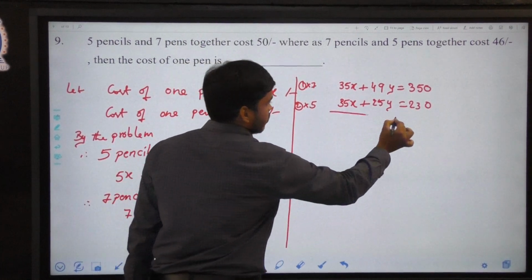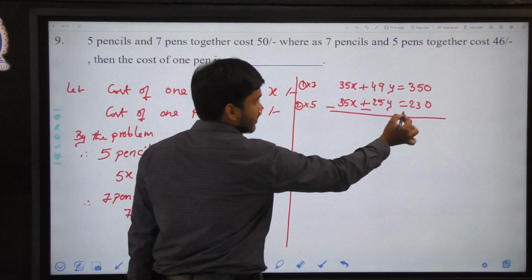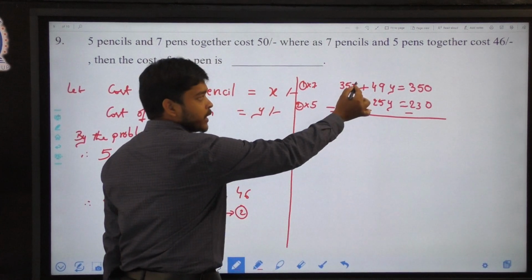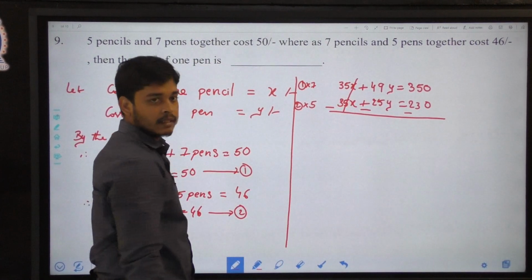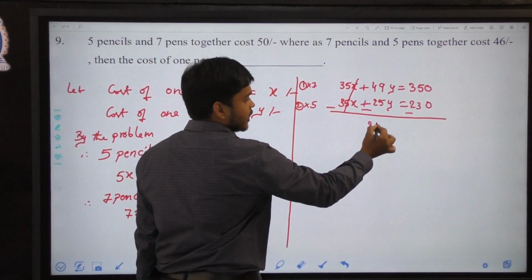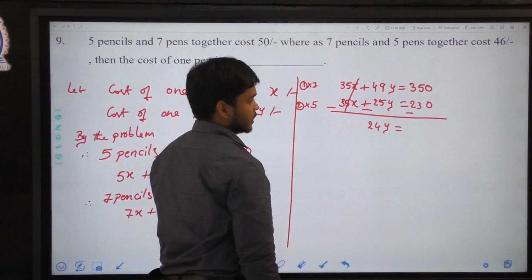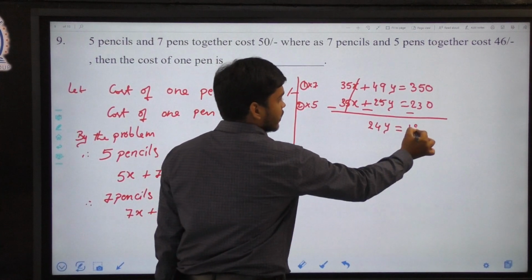Now I am subtracting these two equations, so the signs change. 35x minus 35x gets cancelled. Then 49y minus 25y is 24y, is equal to 350 minus 230, which is 120.